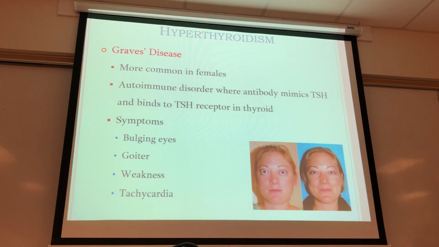There is a genetic component behind it. Most cases of hyperthyroidism, about 50 to 80% of those, are due to Graves' disease. So if anybody has a clinically hyperactive metabolism, it's due to that.